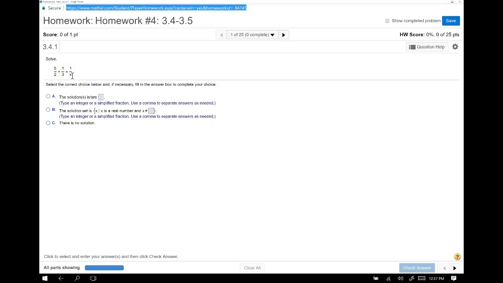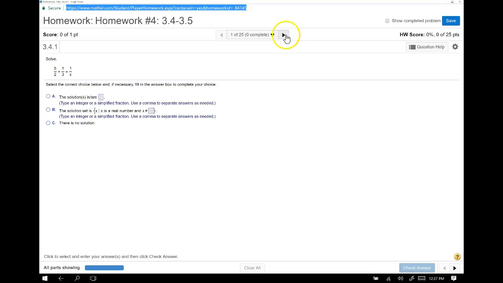With radical equations, we see square roots or cube roots, that radical symbol. And absolute value equations have those vertical bars. We need to do something to fix them that will change them into linear or quadratic equations. So our first goal is always to transform them into a linear or a quadratic.